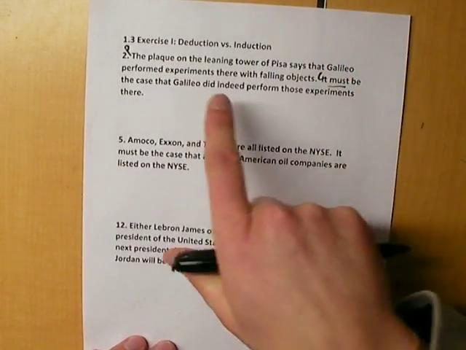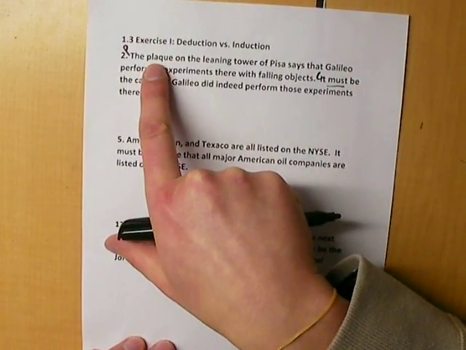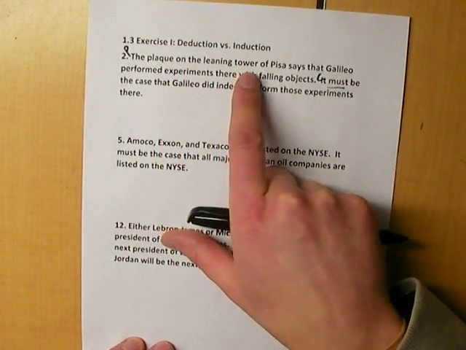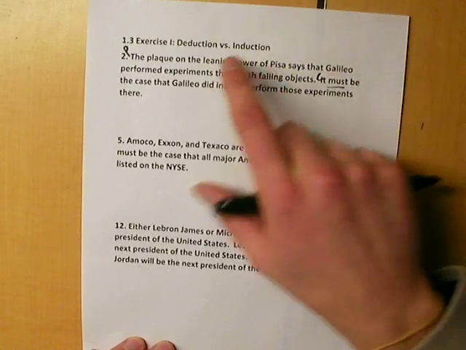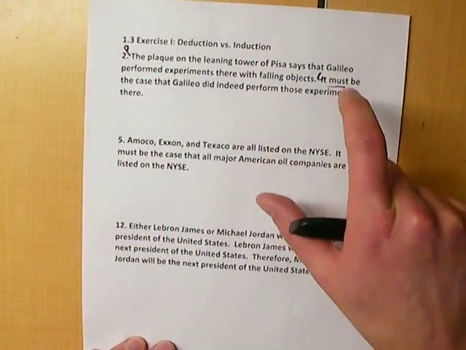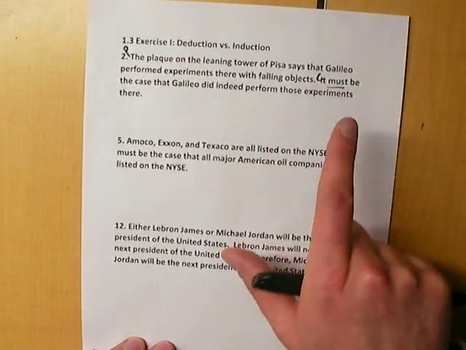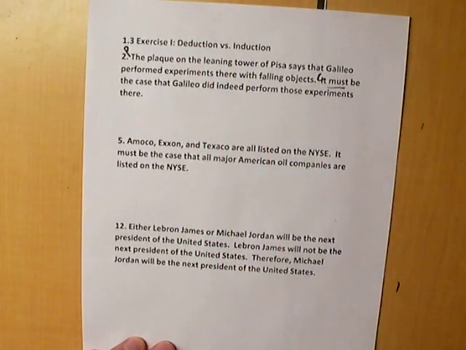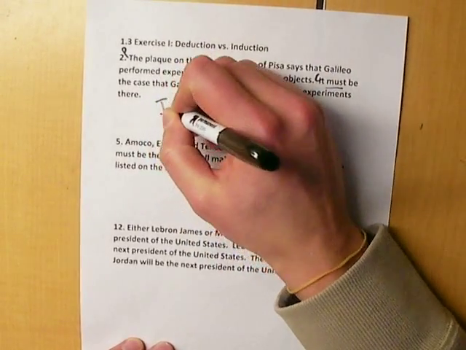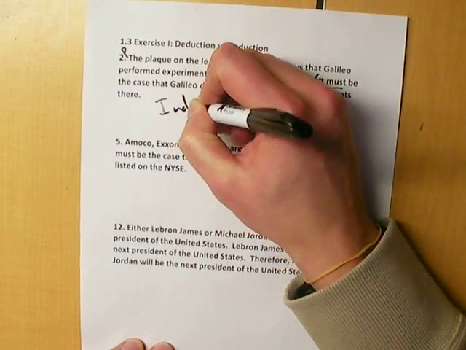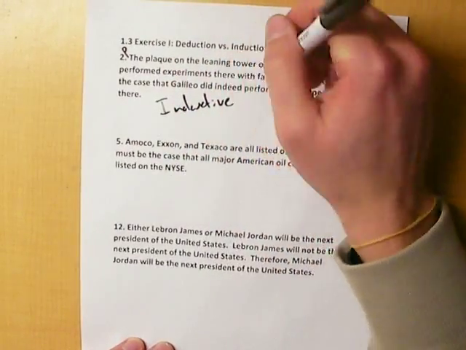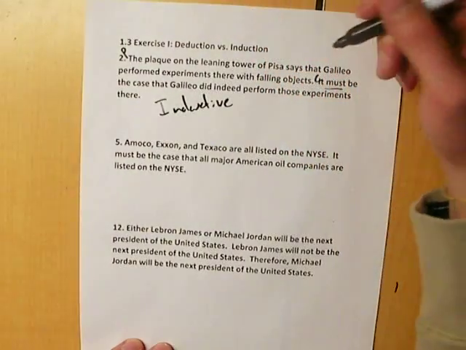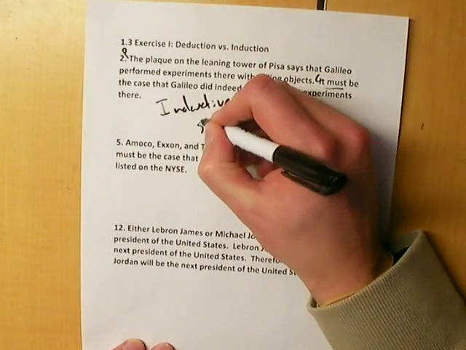So what is the evidence here? We've got a plaque on the Leaning Tower that says Galileo performed experiments with falling objects. So since the plaque says that, it's got to be the case. Even though the language indicates that it's deductive, this one is actually inductive. The evidence, again, is a plaque on the wall, and it seems to be a strong inductive argument.